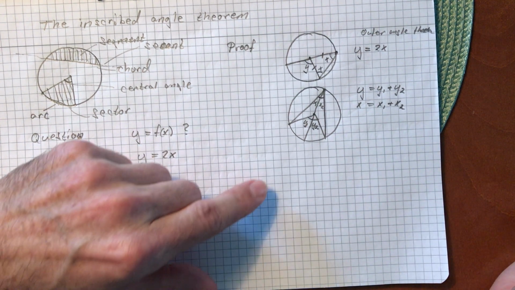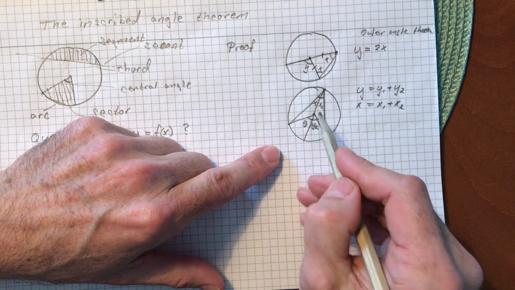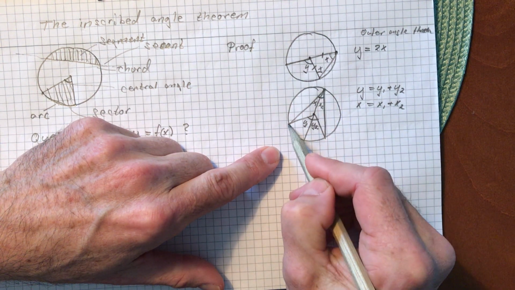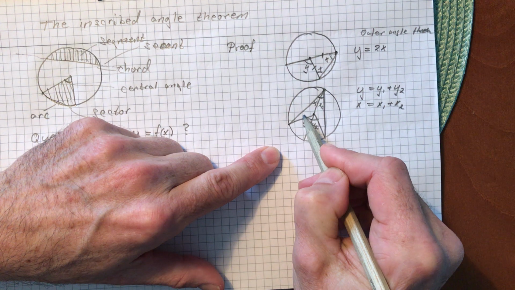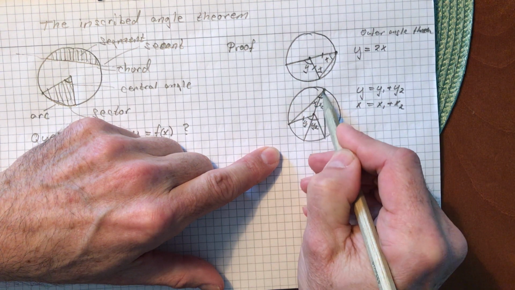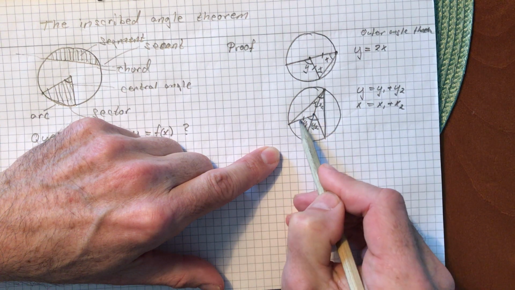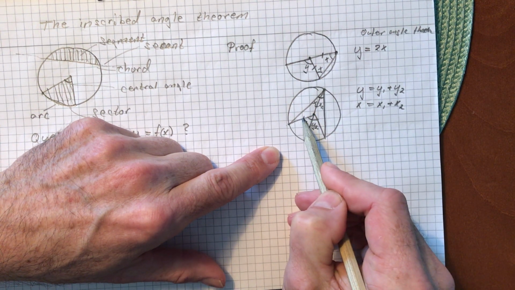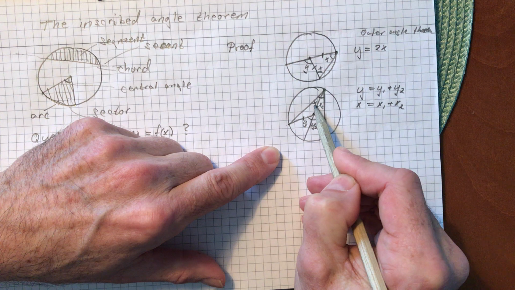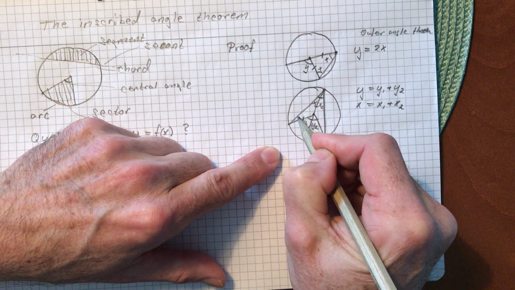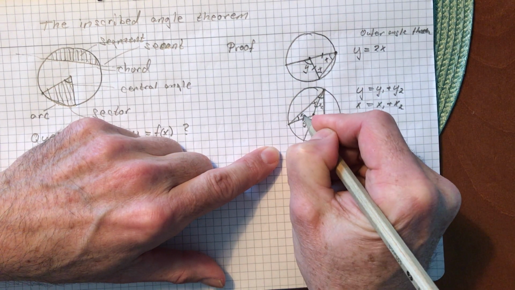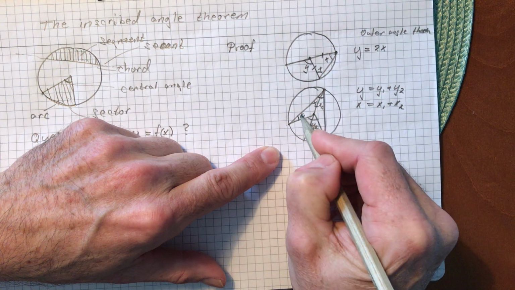So let's start like this. This is a triangle, and this length is the same as this, because this is the radius in the circle, and this is also the radius in the circle. Therefore, this length is the same as this. Therefore, this angle has to be x1, the same as this.